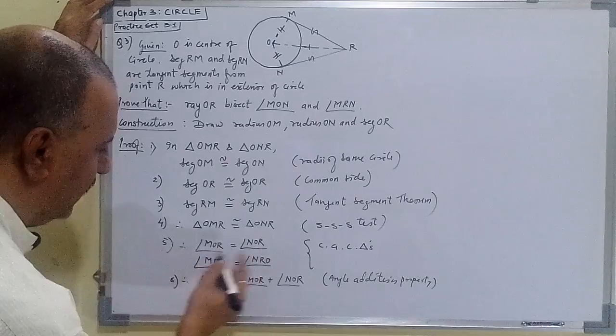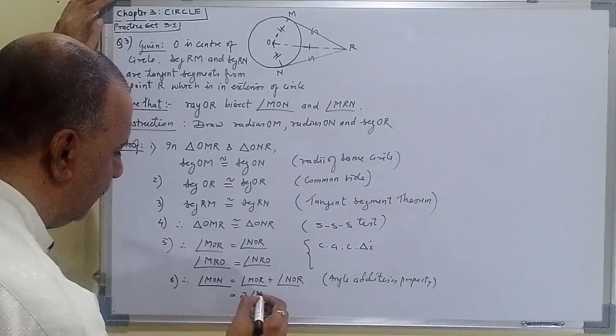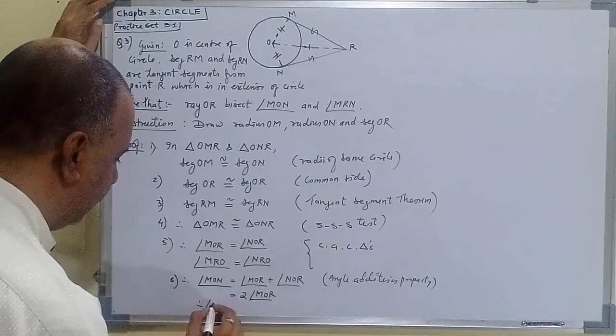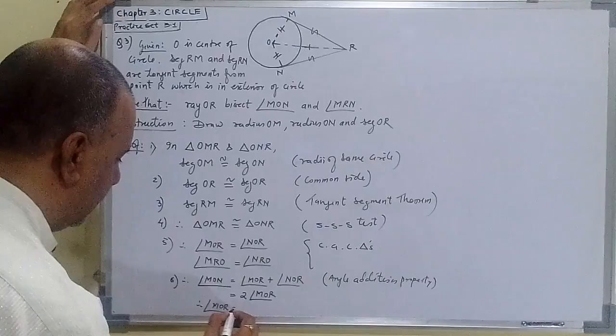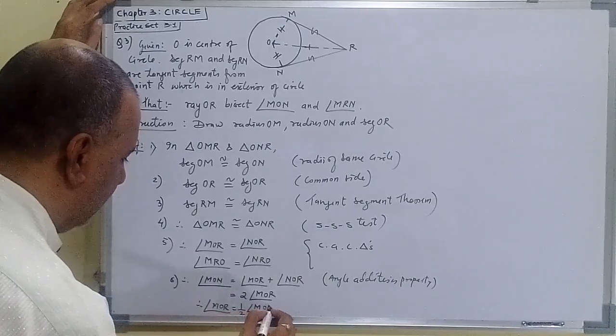But these two angles are equal, therefore this becomes 2 angle MOR. Therefore angle MOR equal to half angle MON.